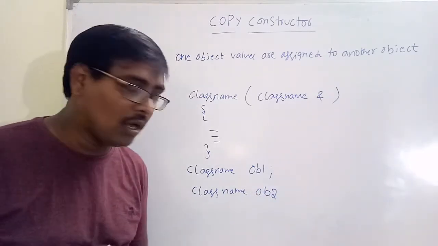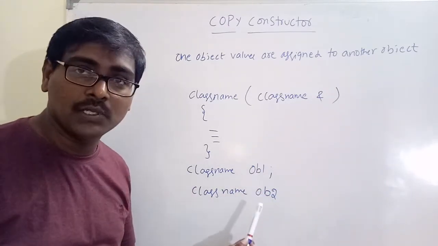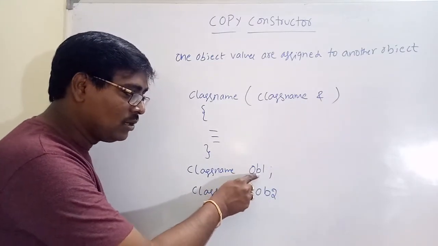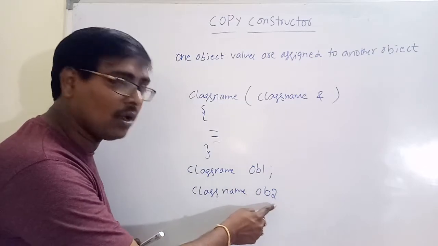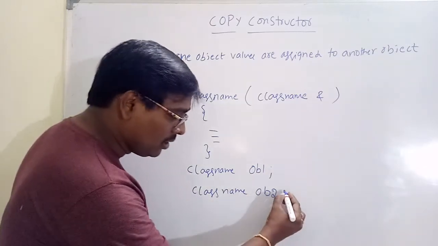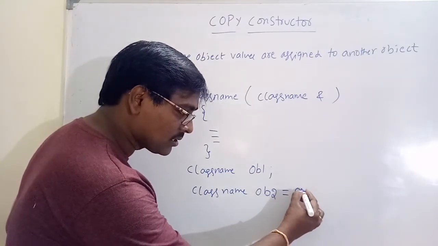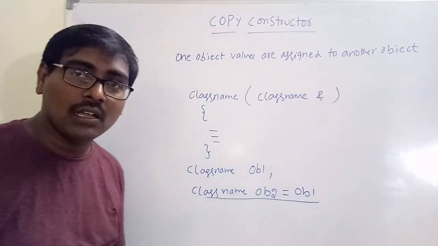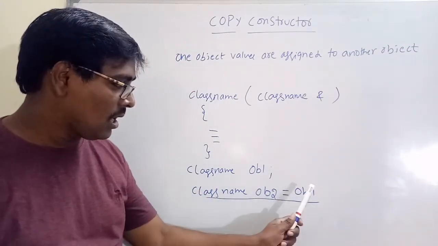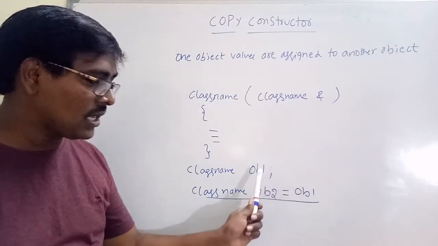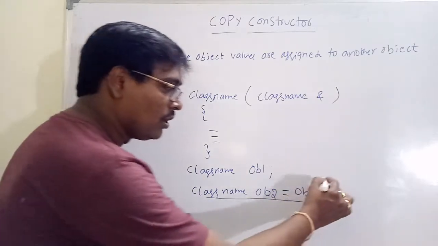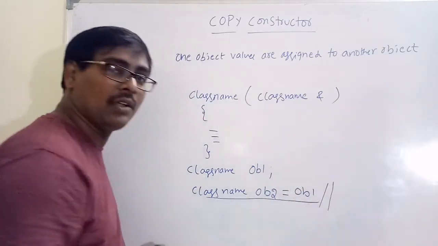Okay, we have two objects, object 1 and object 2. For example, if you want to assign the values of object 1 into object 2, simply you write the statement like this. This is the way to access the copy constructor, that is, object 1 values are assigned to object 2, or we can use an alternate also.